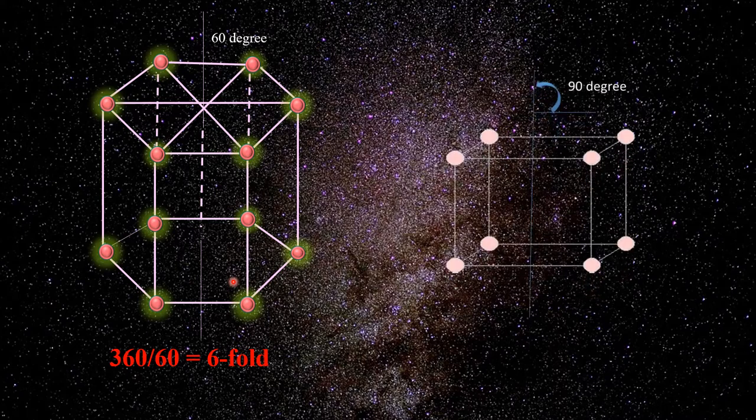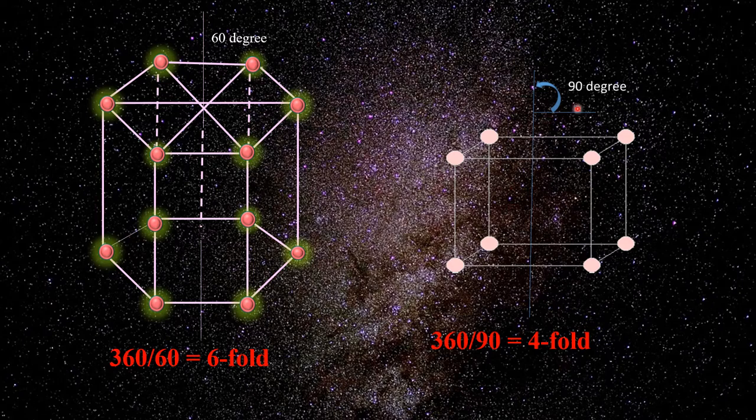Let's take the cubic structure. When we rotate this cube through 90 degrees about this axis of symmetry, this line is called the axis of symmetry. When we rotate this cubic structure through 90 degrees, 360 divided by 90 is equal to fourfold.